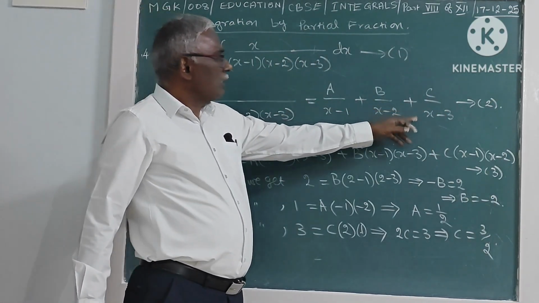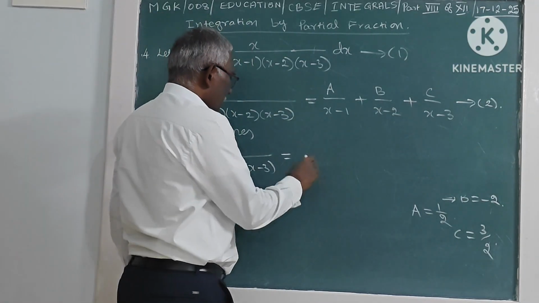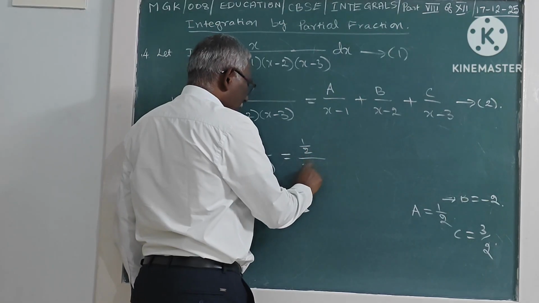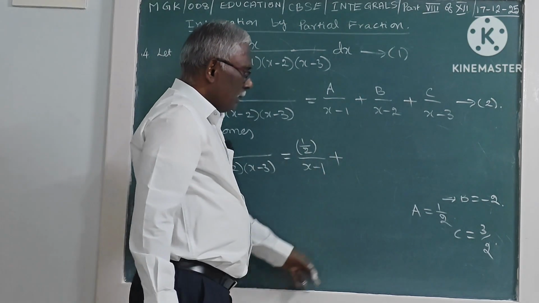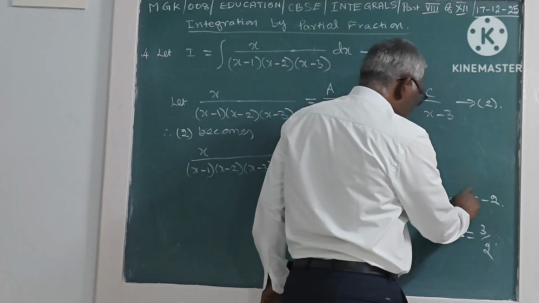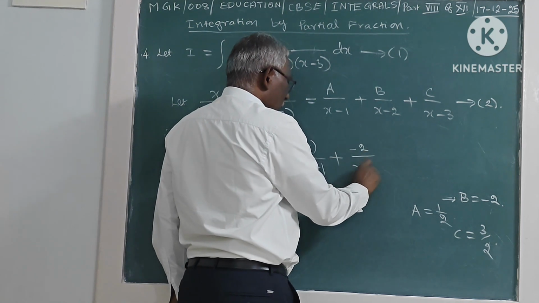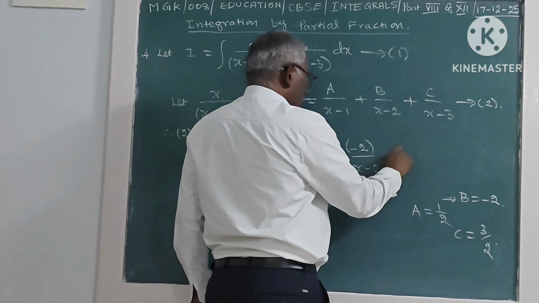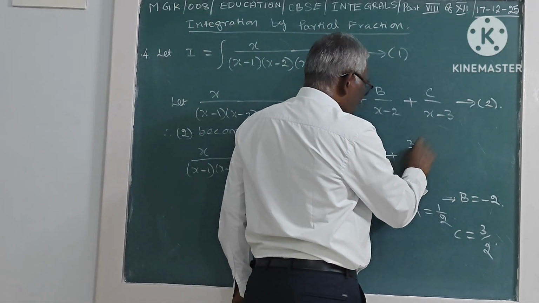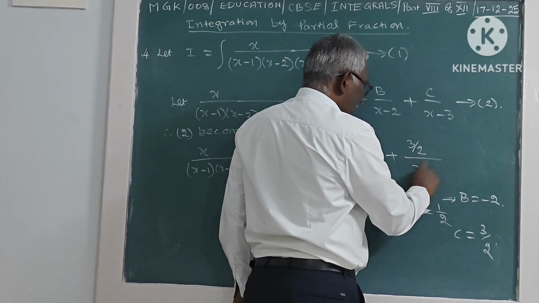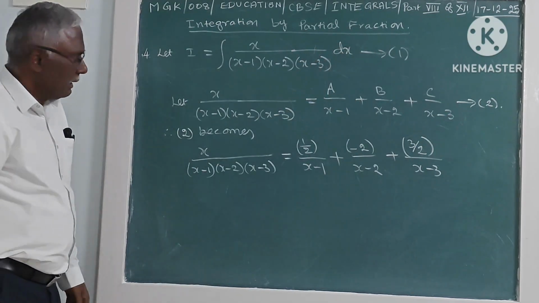Therefore it becomes a by x minus 1. A is half, so half by x minus 1 plus b is minus 2, so minus 2 by x minus 2 plus c is 3 by 2, so 3 by 2 by x minus 3. So now we have to integrate.